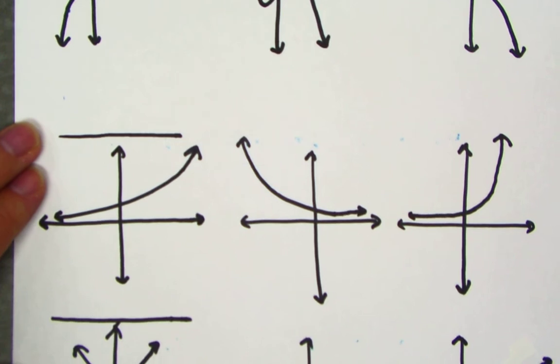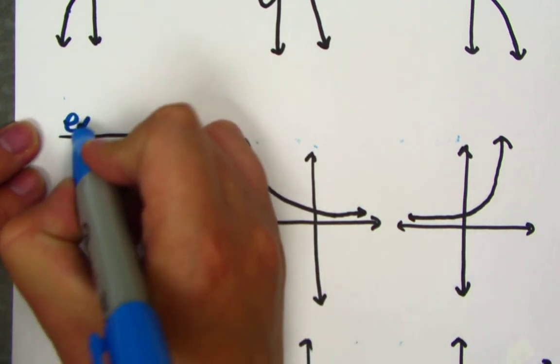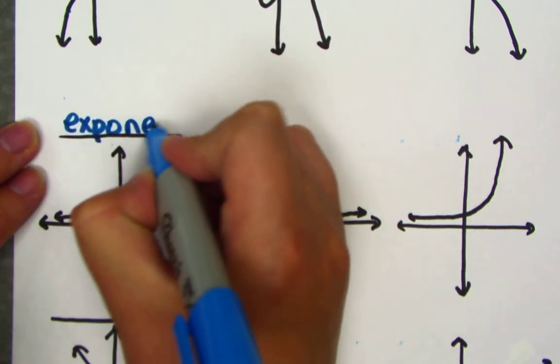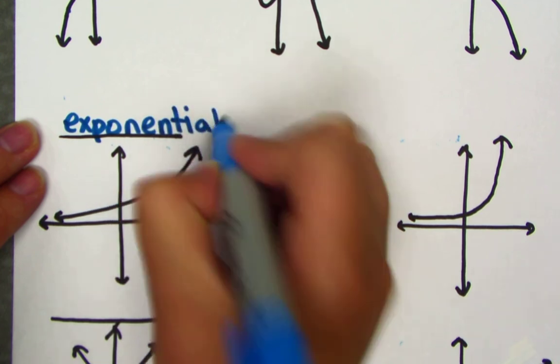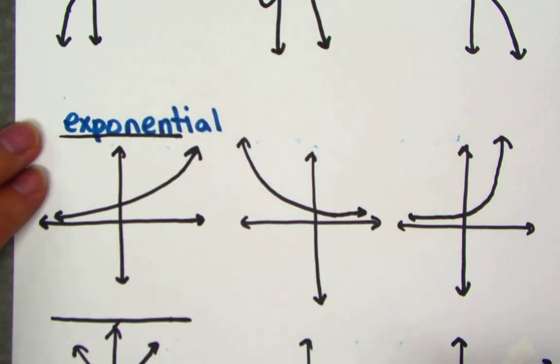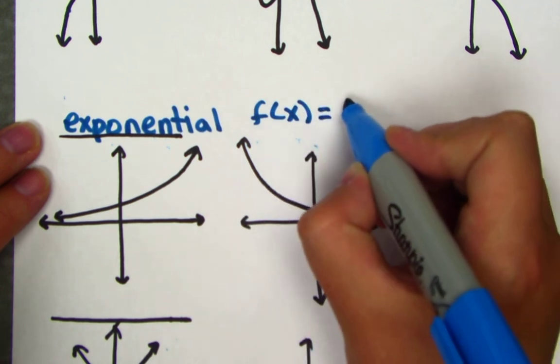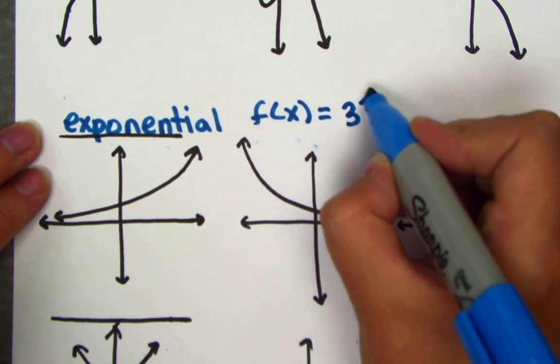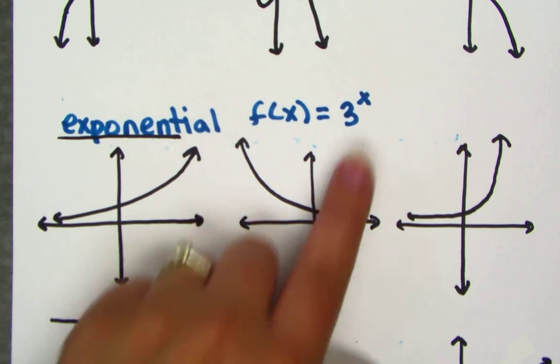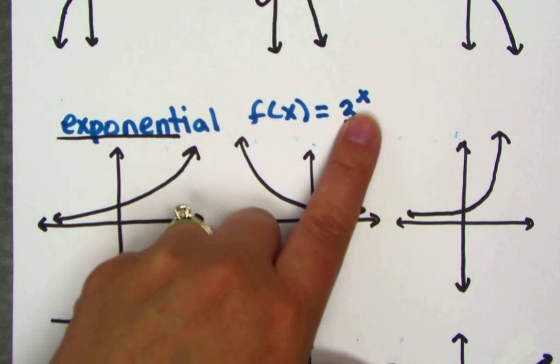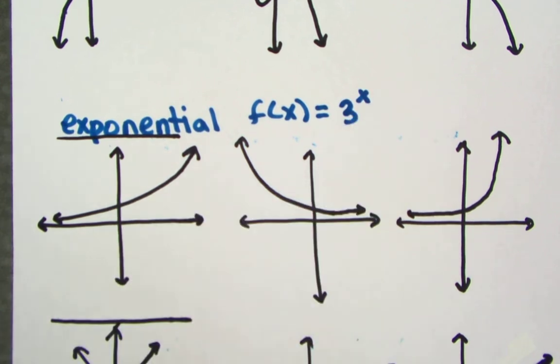Next, let's look at exponential functions. Exponential functions means that in the equation, here's an example, we'll say 3 to the x power, the x is the exponent. That's why it's called exponential.